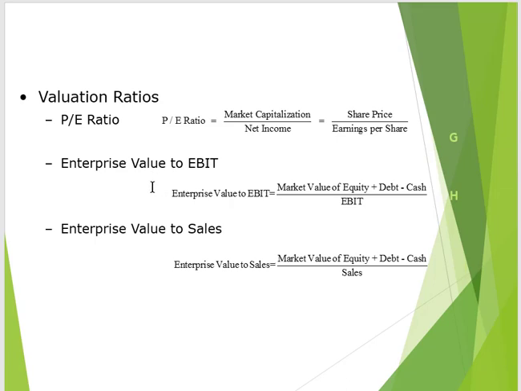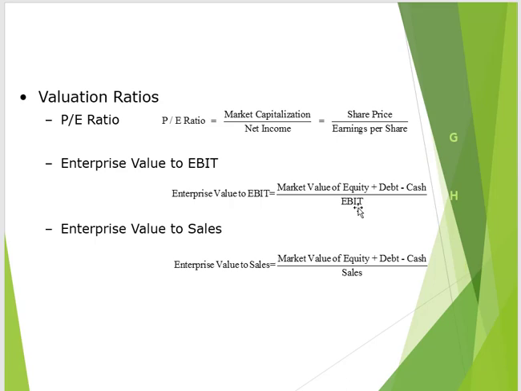This might be what some people call an improved version of the PE ratio, because it looks not at market capitalization but enterprise value. What are you buying when you buy the company compared to EBIT, which is the operating profit? So again, a very high number means this company might be overpriced. If it's too low, it might be underpriced.